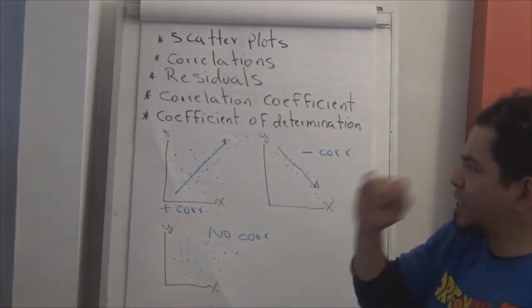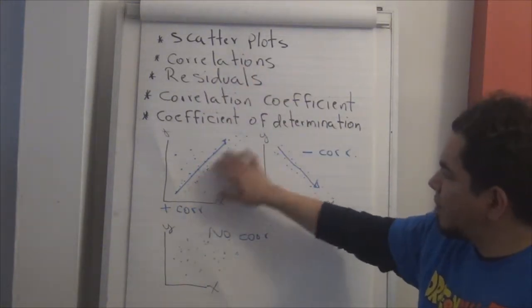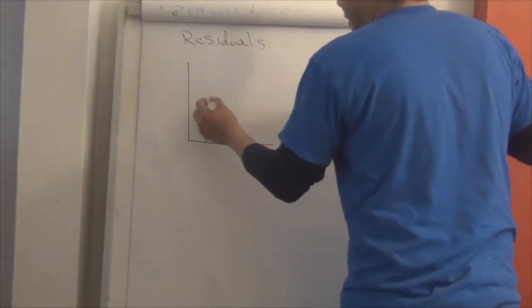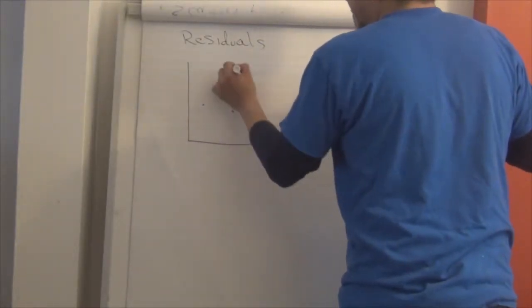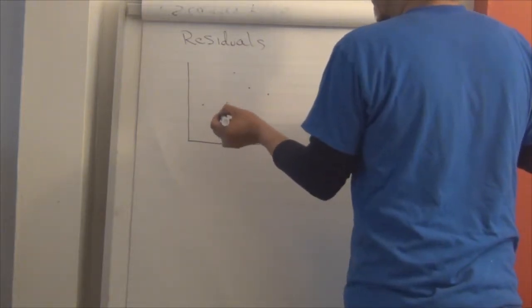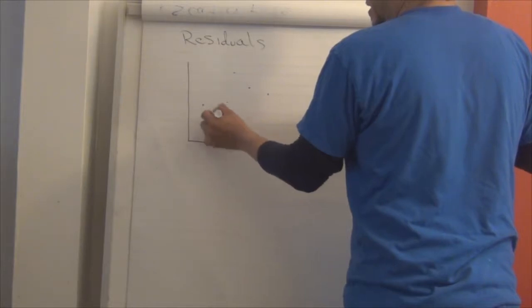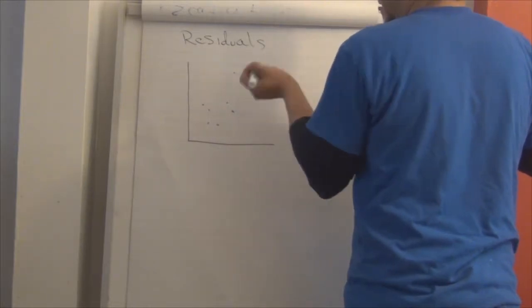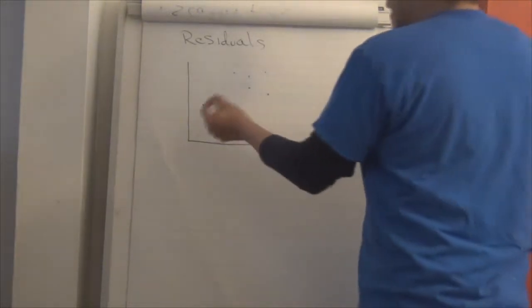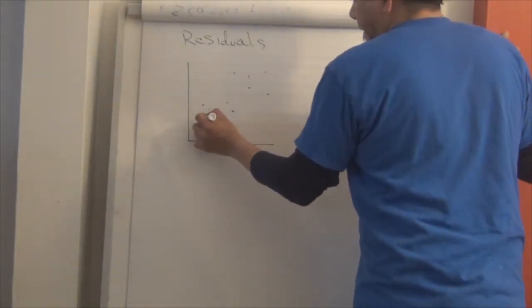Residuals. Let's just keep talking about the linear relationships. So I have a point here, a point here, and several more points here. By the looks of it, let's say this is the line of best fit.